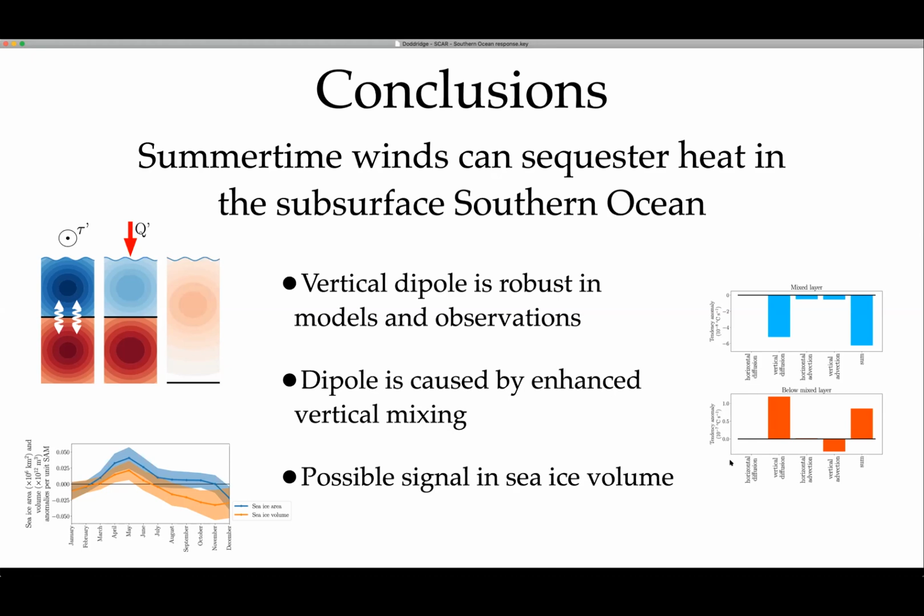Showed you some evidence from observations that was at least plausible, and then dived into the model world where we found very strong evidence to support this idea of enhanced vertical mixing and some suggestions that sea ice volume might be more sensitive to these summertime winds than sea ice area. So thank you very much for your attention.